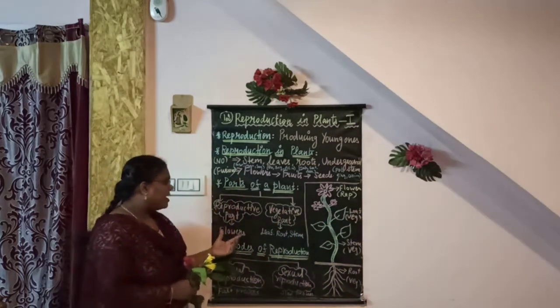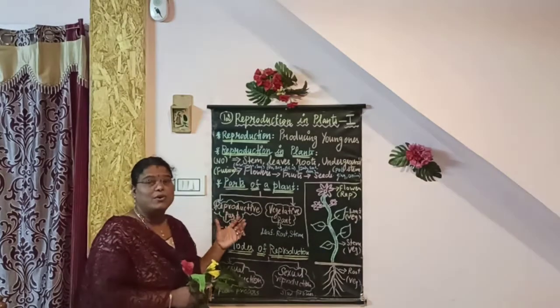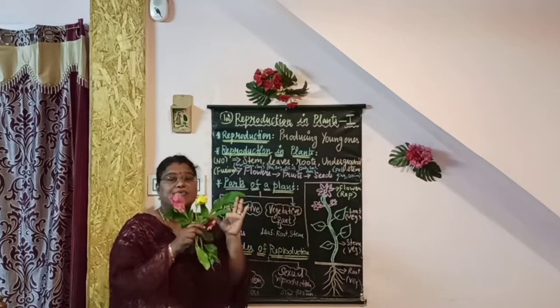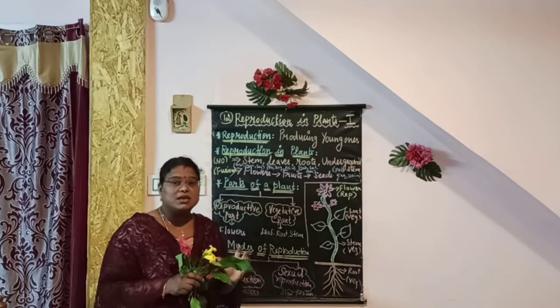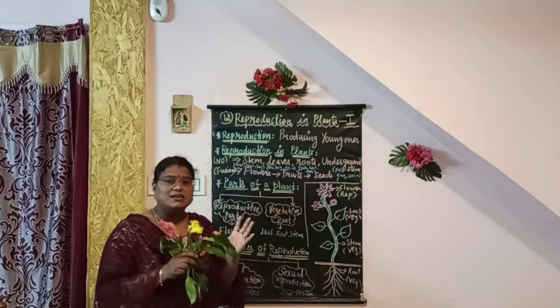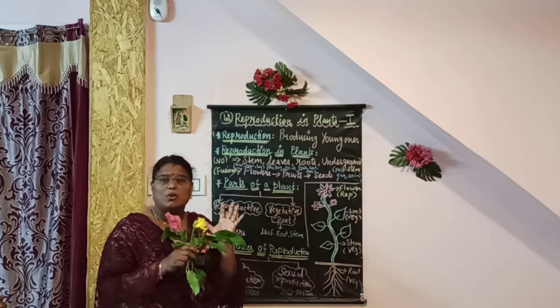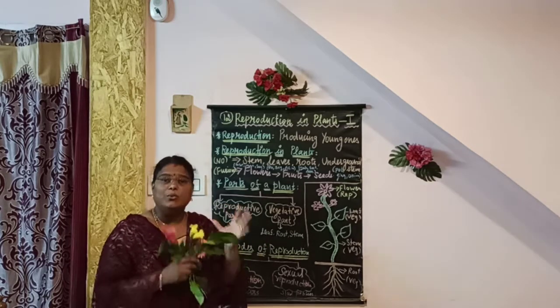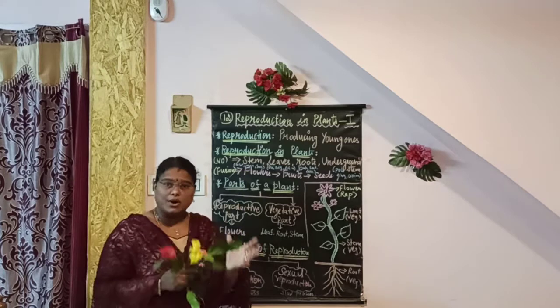So why is flower the reproductive part? Already I told, it undergoes fusion of male and female gamete, and for this it wants to attract the insects for pollination. Insect is one of the pollinating agents. There are many pollinating agents like wind, air, water and all.